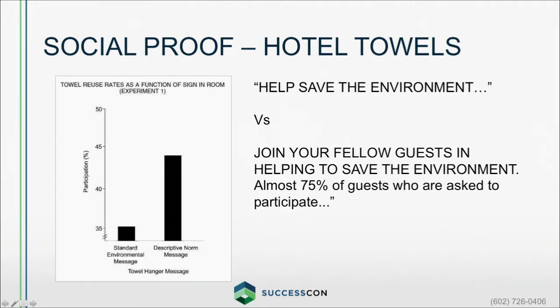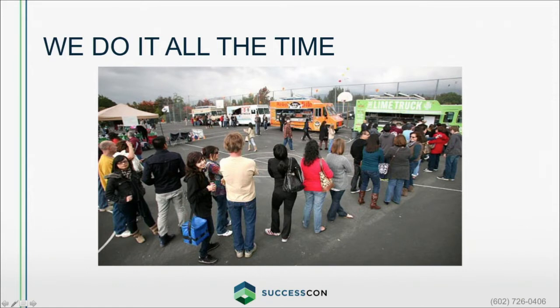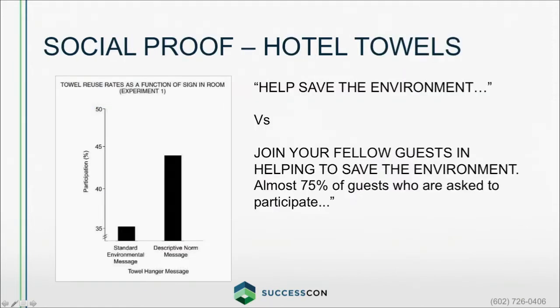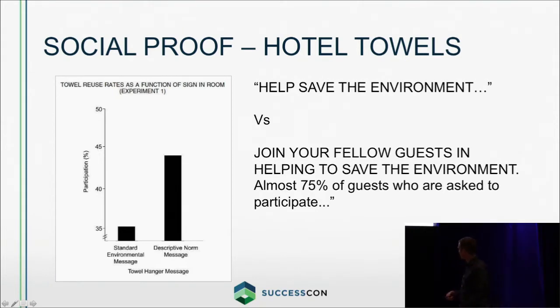And so they tested against 2 different messages. The first, as you can see, was a little card next to the towel that said, help save the environment, reuse your towel. The second one said, join your fellow guests in helping to save the environment.